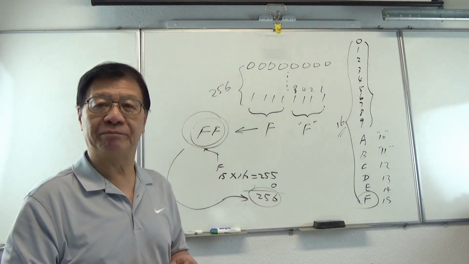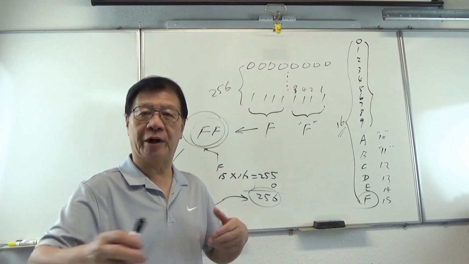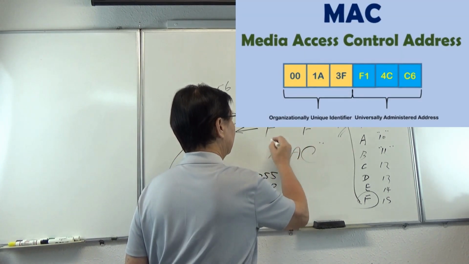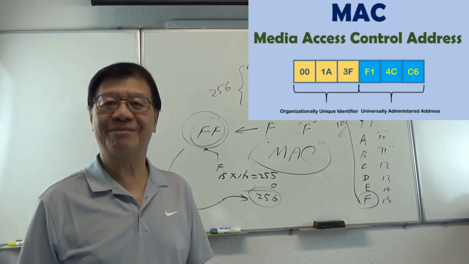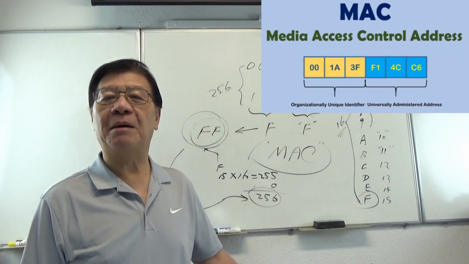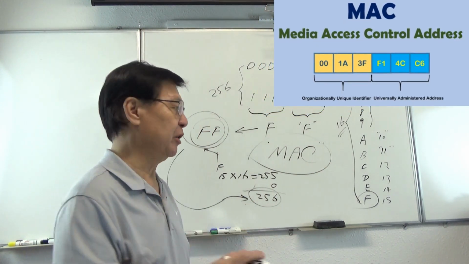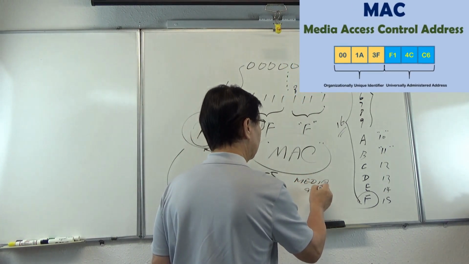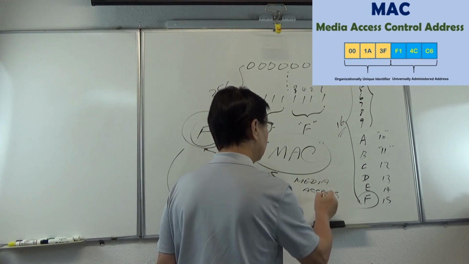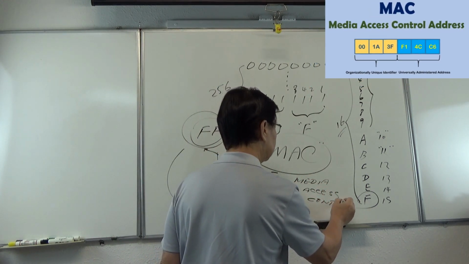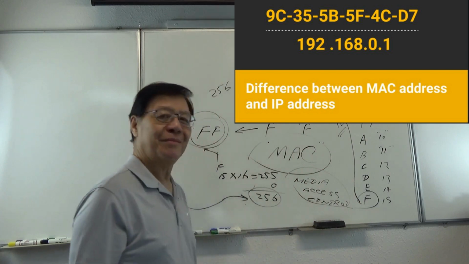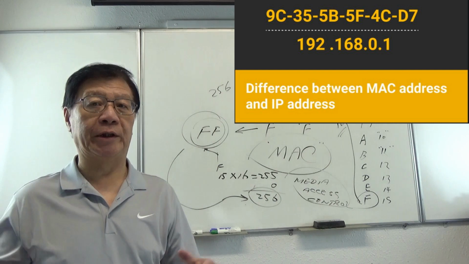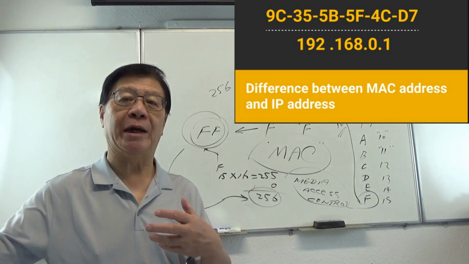So for internet communication, we have something called a MAC address. You know what it is? MAC is media access control. This MAC address is not for internet communication or exchanging data, that kind of thing.